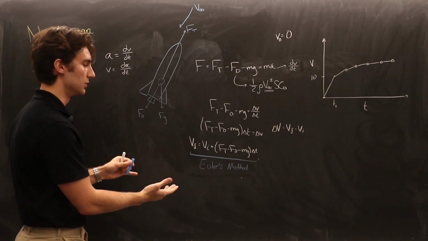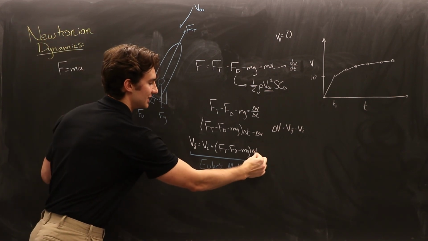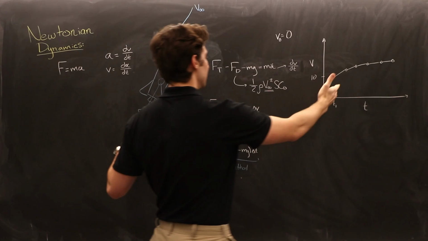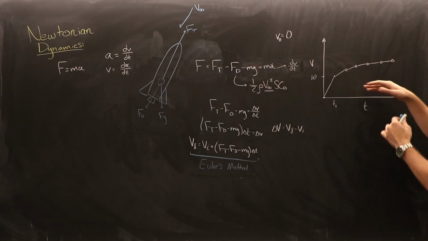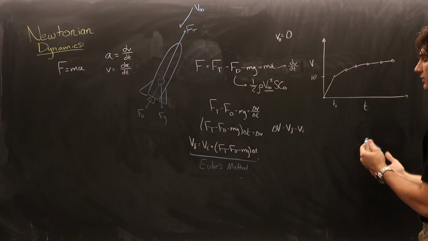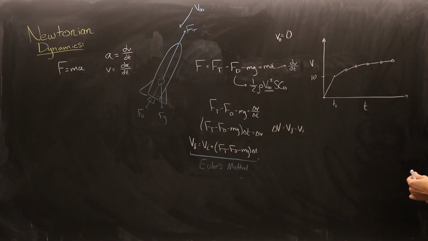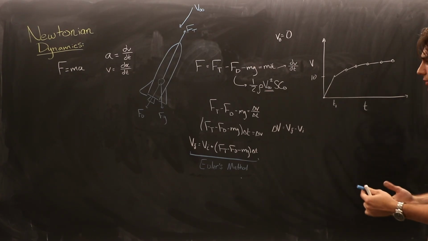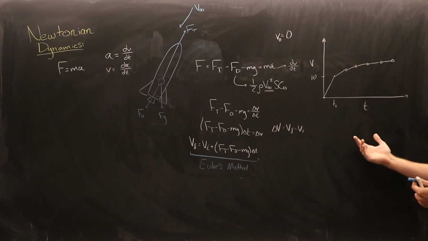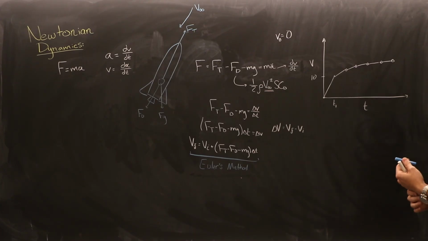One drawback that you might notice is that if this delta t gets really large, we're going to have some large roughness in this graph, and it's not going to look very good. Using some other methods, we can use larger time steps and get better results, but that's beyond the scope of this video.